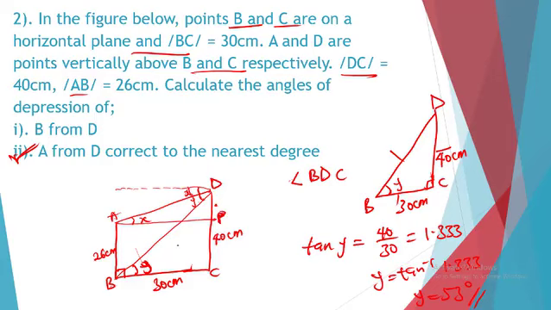This is P. But remember, AB and BC is equal. AB is equal to line BC, and they are equal to 26 cm. Okay, so DP will then be equal to 40 minus 26, and that will give us what? 14 cm. So here is 14 cm.